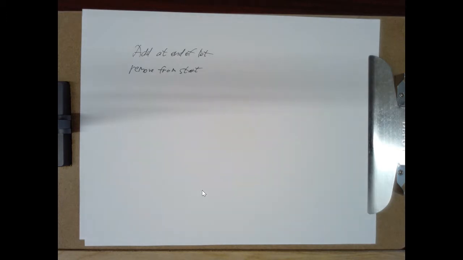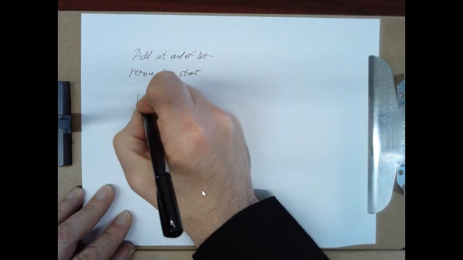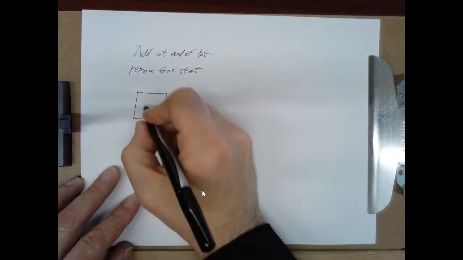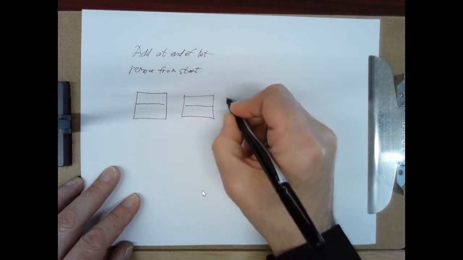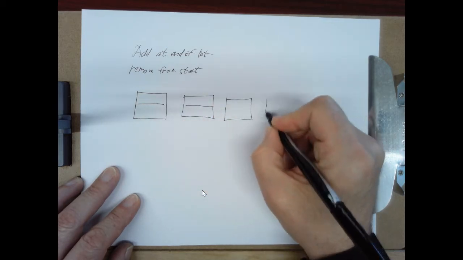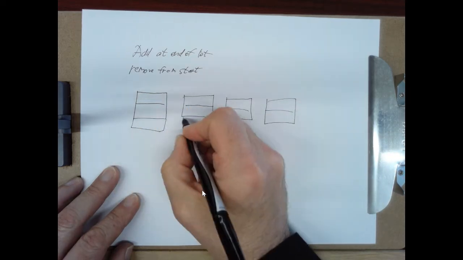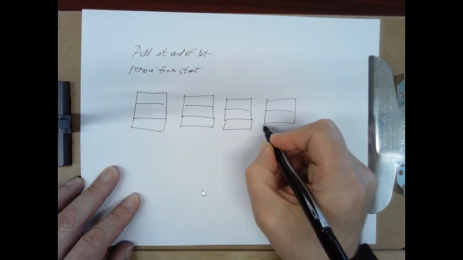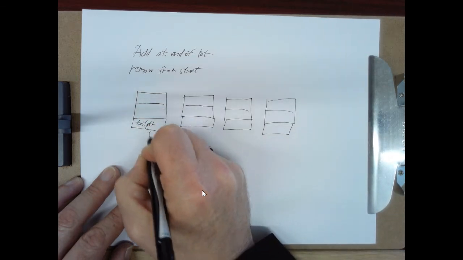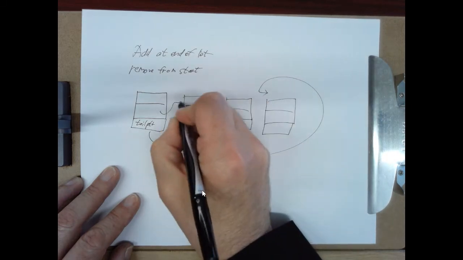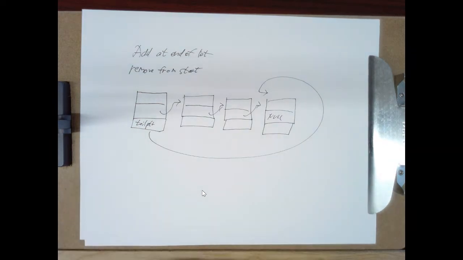And it sounds like kind of the same thing. And I'm going to use a third field here, which I'm going to call a tail pointer, which is always going to point to the last node. And we're not going to use this field for any of the other nodes.